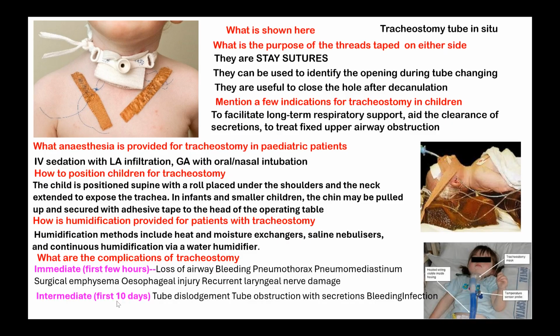Then intermediate, which can happen during the first 10 days: tube dislodgement, tube obstruction, secretion, bleeding, infection. Long-term: granuloma, vascular erosion, issues with neck skin integrity, tracheal stenosis. This is how you must answer in the exam. Even though the conditions you are mentioning are all right, if you answer in this pattern, you will get good marks as well as appreciation. So please always try to go in an orderly fashion: immediate, intermediate, and long-term complications.